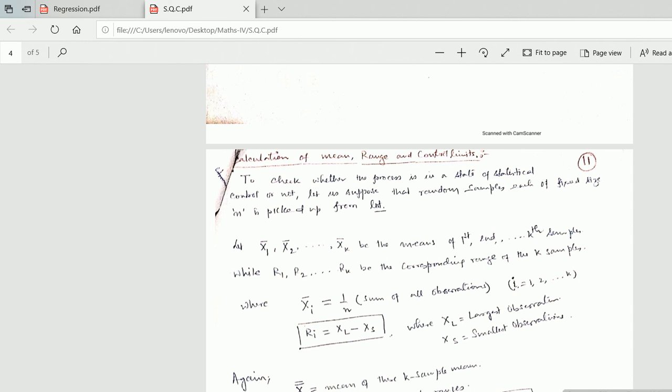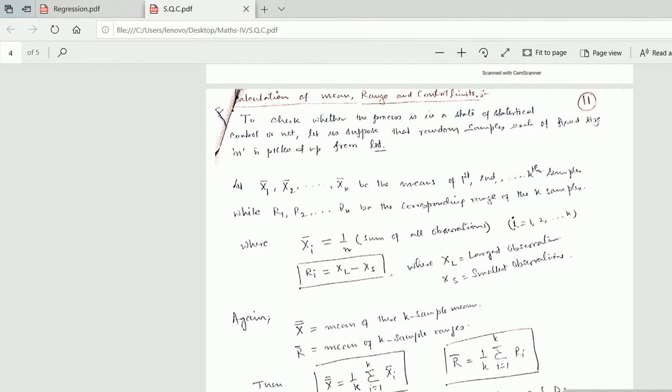To check whether the process is in a state of statistical control or not, let us suppose that random samples, each of fixed size n, are plotted up from the lot.